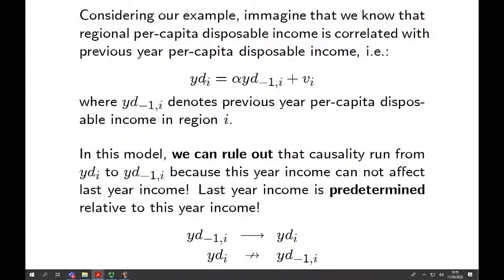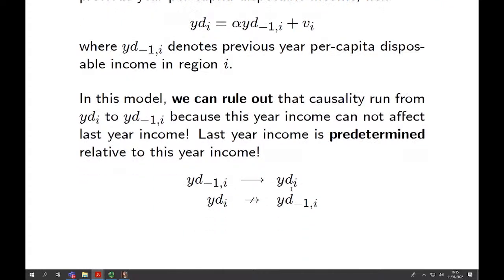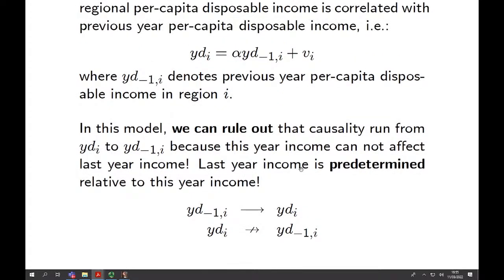So in this model, the advantage is that causality runs just one way. Do you agree, guys? It is impossible that income of 95 causes income in 94. So disposable income in 94, with the -1 here, causes disposable income in 95, but the reverse is not true, okay? When causality runs just one way, we call the variable predetermined.